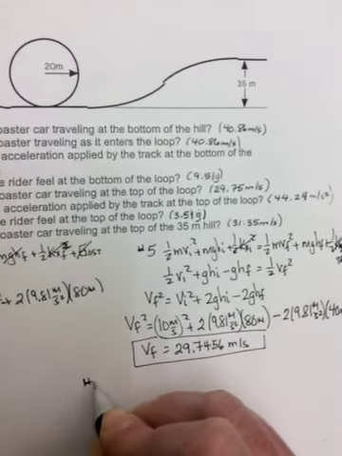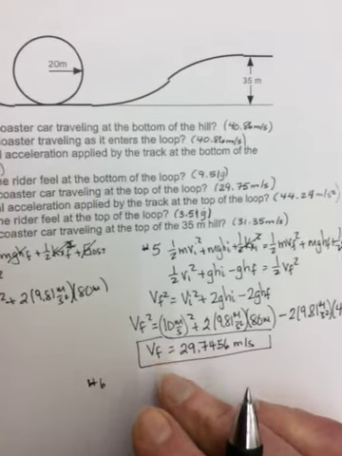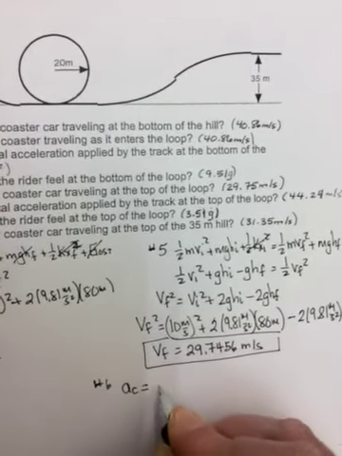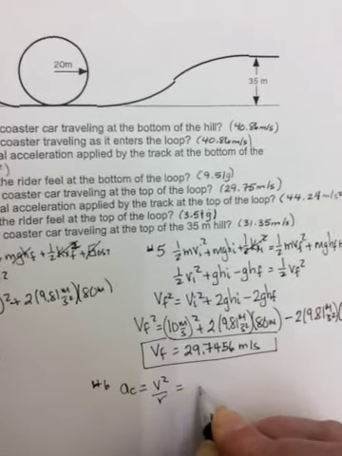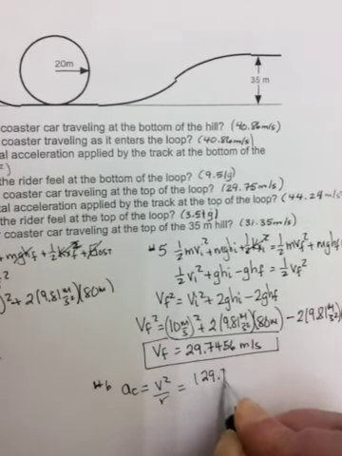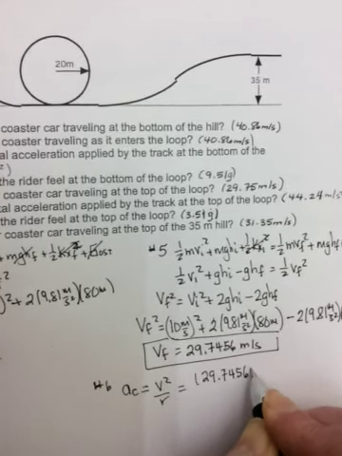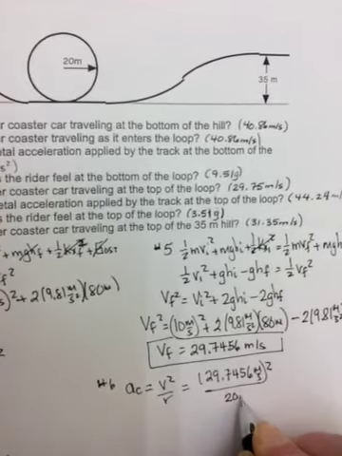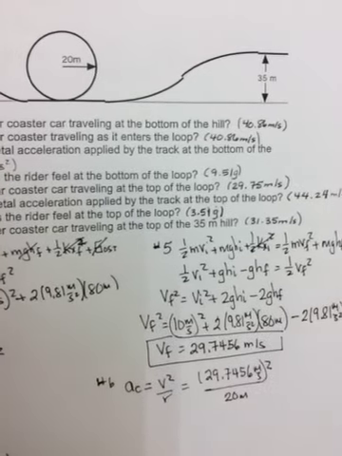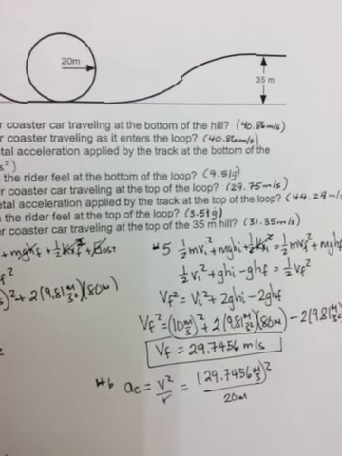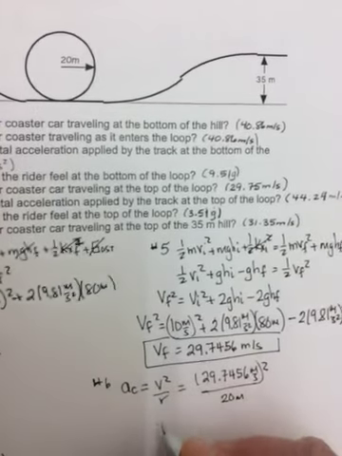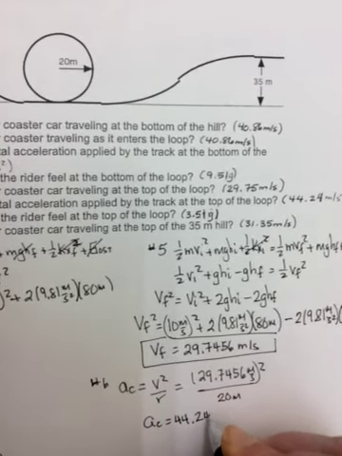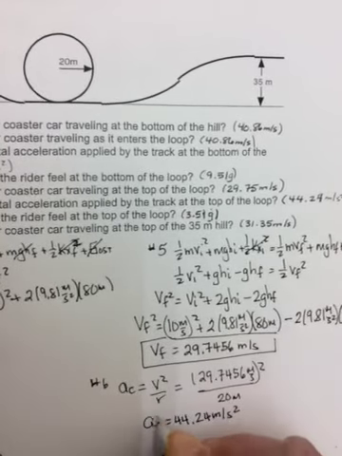Number 6 says, what is the centripetal acceleration at the top of the loop? So AC is equal to V squared over R. So this 29.7456 meters per second, squared, and the R is 20 meters. So when you do this, squared divided by 20, you get 44.24 meters per second squared.